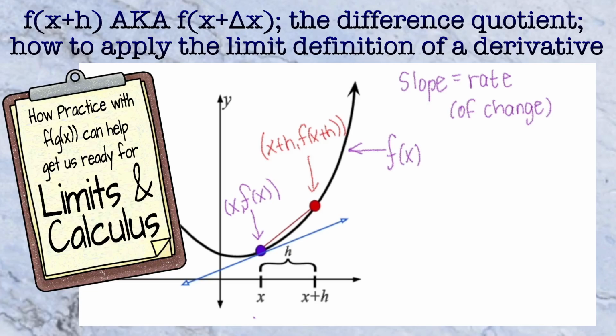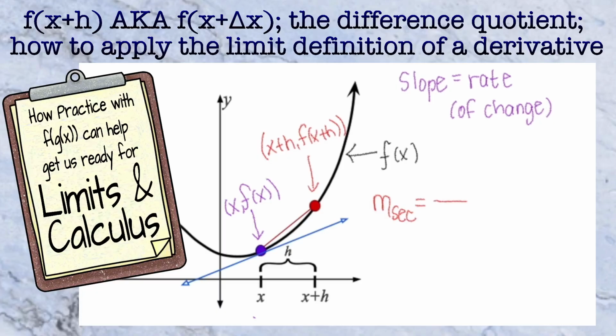So with this function being named f of x and the ordered pairs being defined as x comma f of x and x plus h comma f of x plus h, we now can use our regular basic slope formula to find the slope of the reddish little line segment, which we actually call a secant line. So we're going to find the slope of that secant line. A secant line cuts a graph at 2 points.